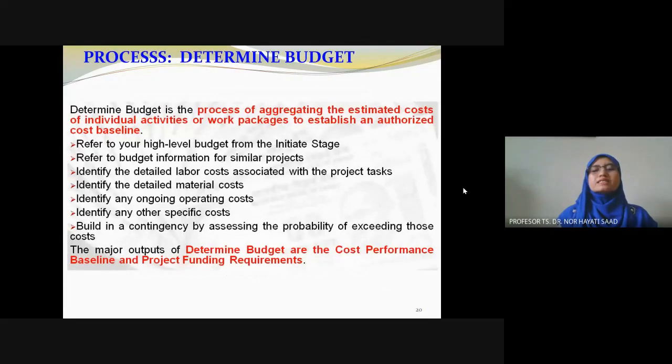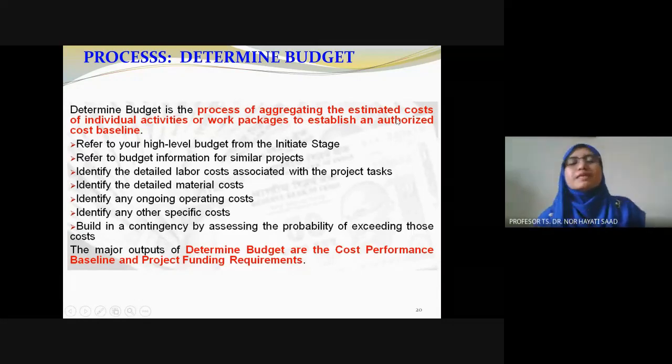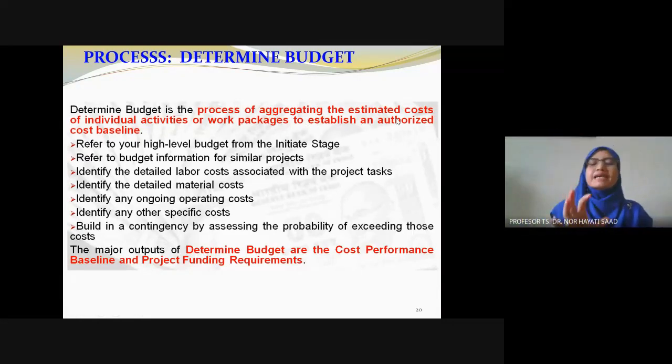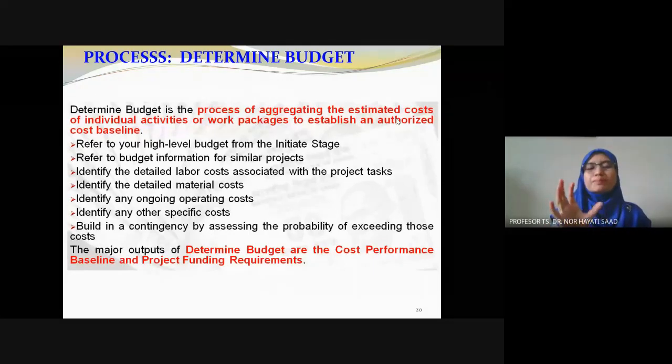Determine budget is the process of aggregating the estimated costs of individual activities or work packages to establish an authorized cost baseline. When we complete the cost estimation, we should be able to calculate the formal cost for the project, which we call the cost baseline.